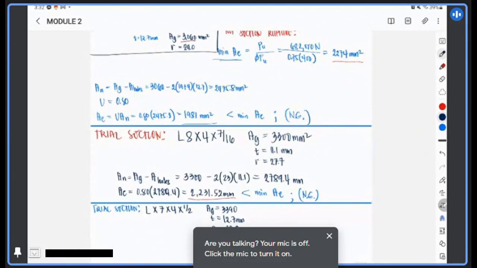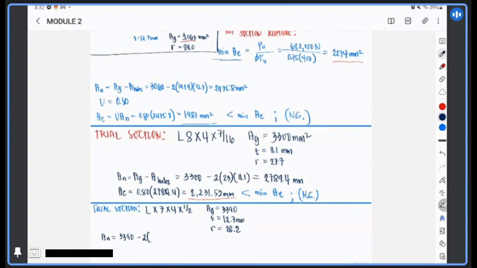Again, we have to compute for our net area. That's equal to gross area, 3,390, minus twice the hole. Dalawang butas lang. And multiplied by the thickness, 12.7. And that is equal to 3,390 minus twice of 23 by 12.7. Okay, and we have 2,805.8.